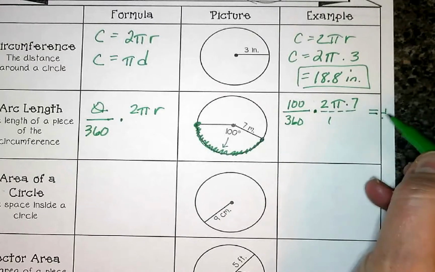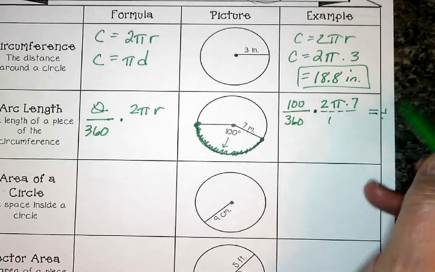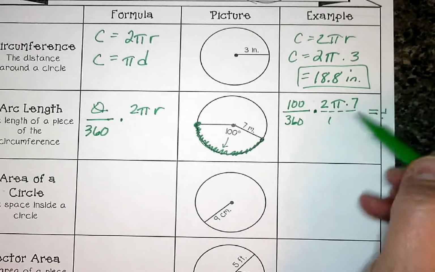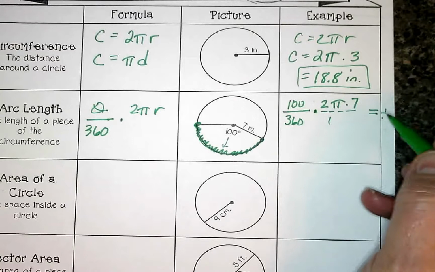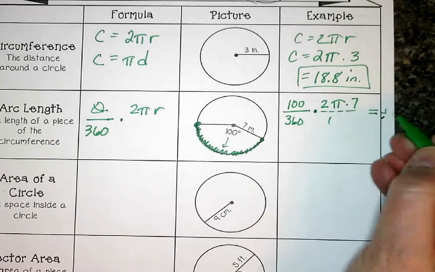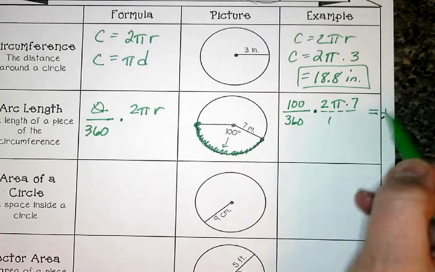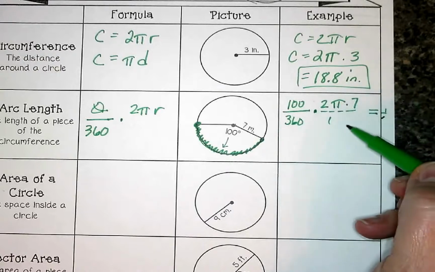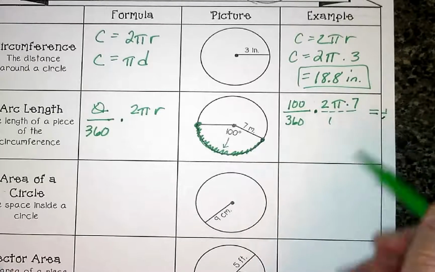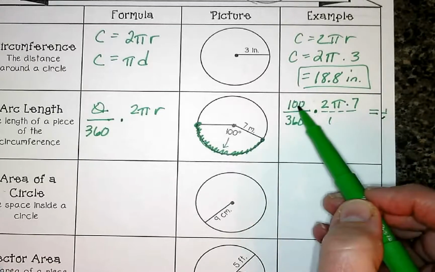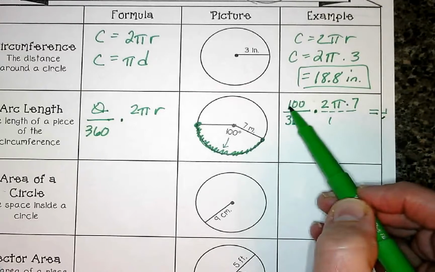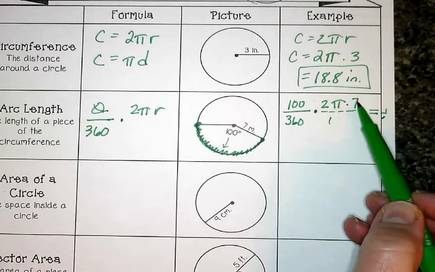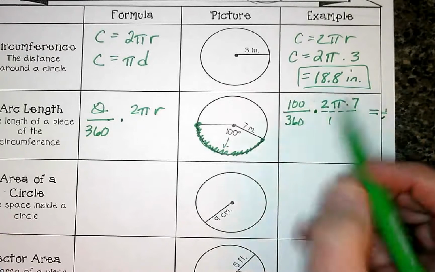If you don't push equals, it might only divide the last number, depending on how you put things in. It might be okay, but I always err cautiously by pushing equals at the end of that multiplication. You'd probably be okay because it's multiply and divide. I'm just thinking order of operations there. So if we do it going across here, I take 100 times 2 times pi times 7, and divide all of that by 360.